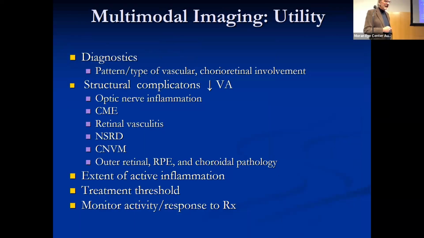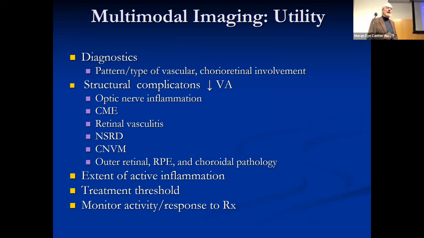So multimodal imaging is important diagnostically, particularly, for example, in a patient with Birdshot retinal choroidopathy with a very blonde fundus, in which ICG may show the lesions more specifically than you can see on examination.